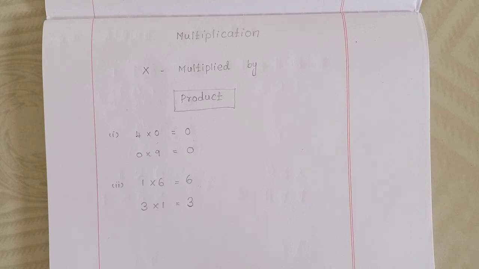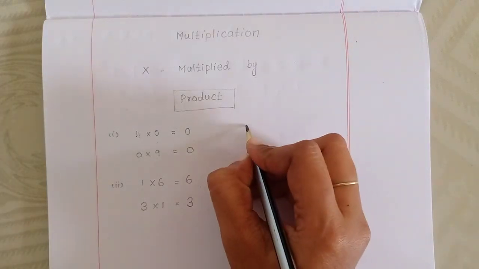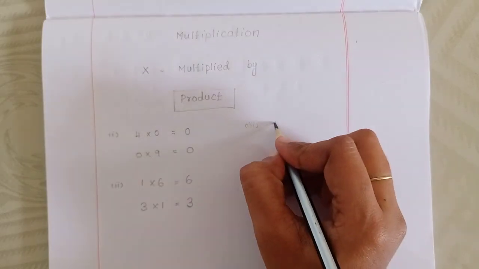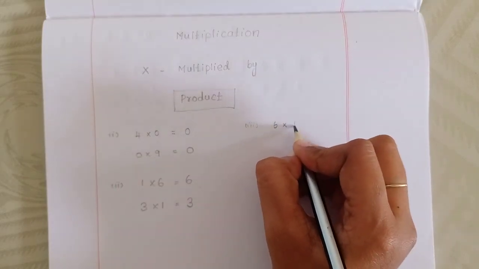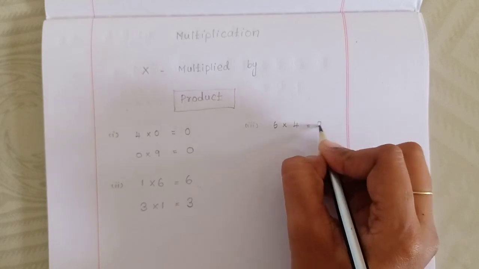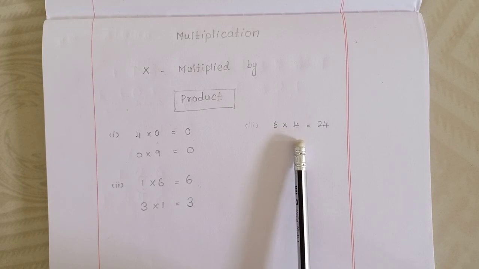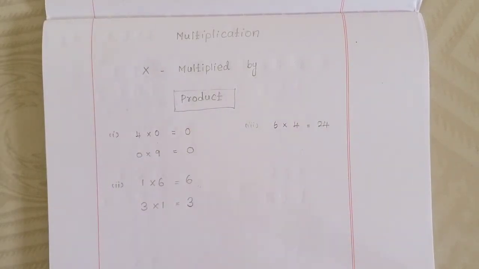This is property number 3. 6 multiplied by 4 is equal to 24. This is one multiplication sum. 6 4s are 24. Open your mouth and say 6 4s are 24.